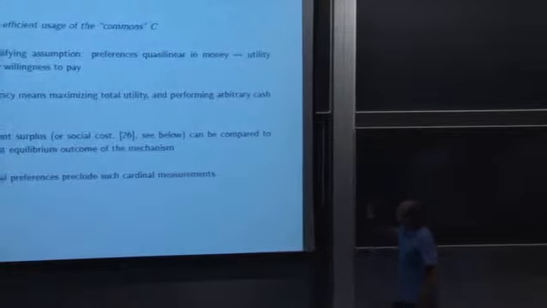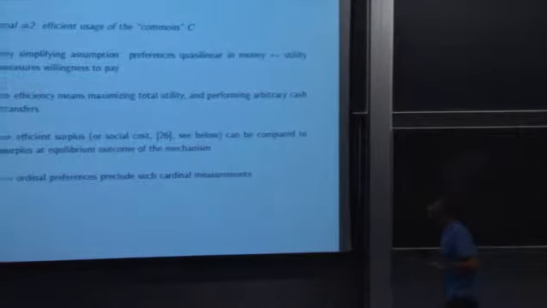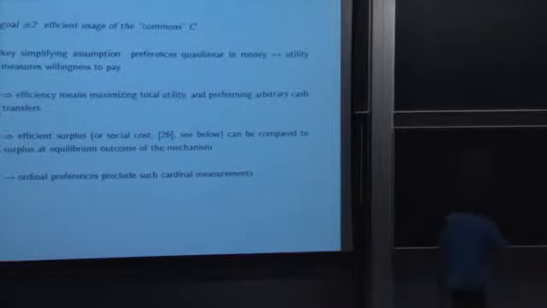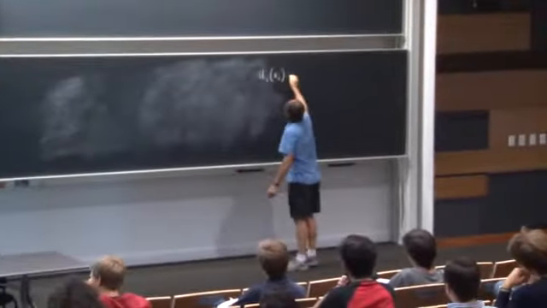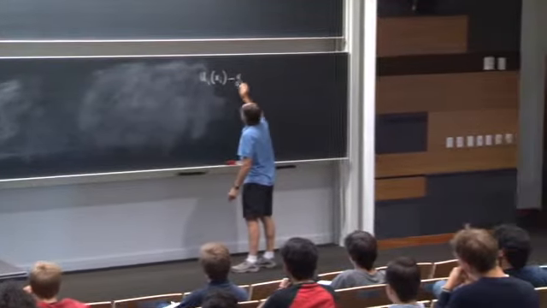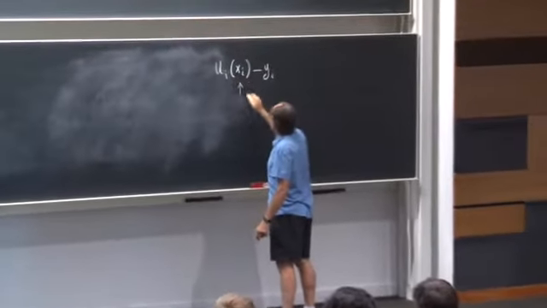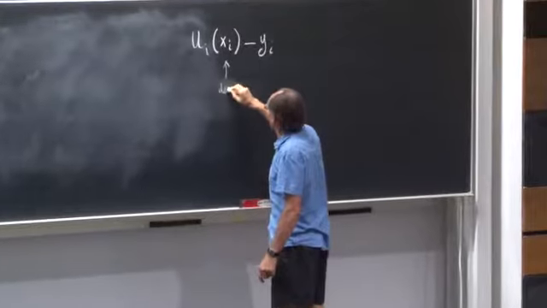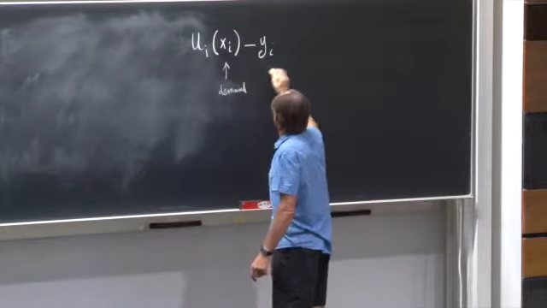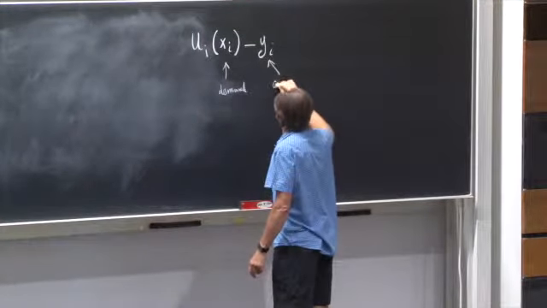So I'm going to assume that agent i will have a utility of the form ui(xi) minus yi. xi will be his demand of output, and yi will be his cost share.